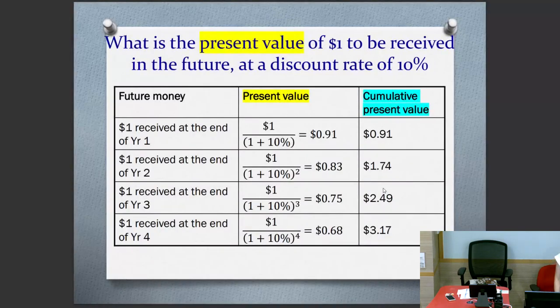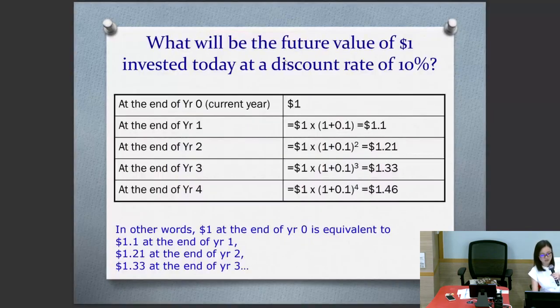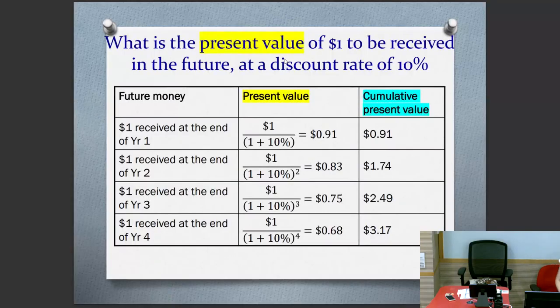And what is the present value of $1 to be received in the future? Unlike earlier, where you get $1 now and then put it in the bank, here in this table you get $1 1 year later, $1 2 years later, another $1 3 years later, another $1 4 years later.